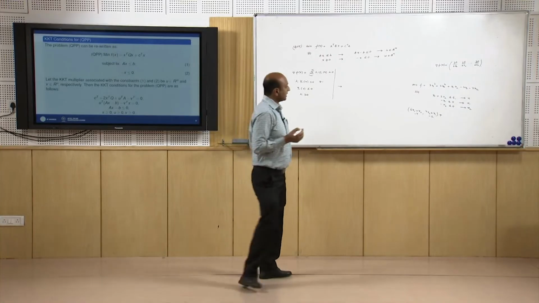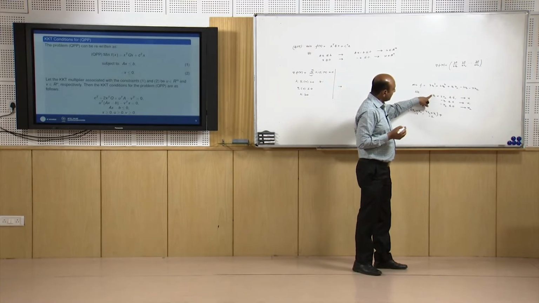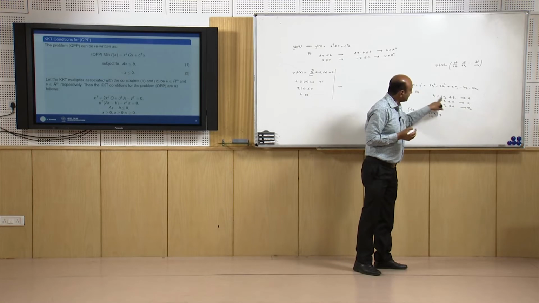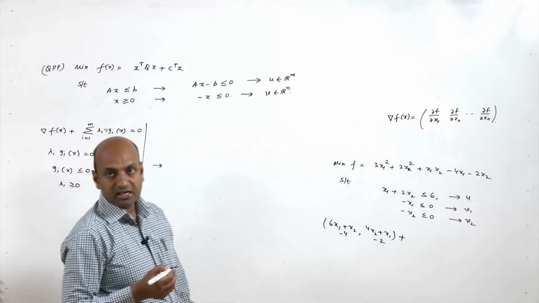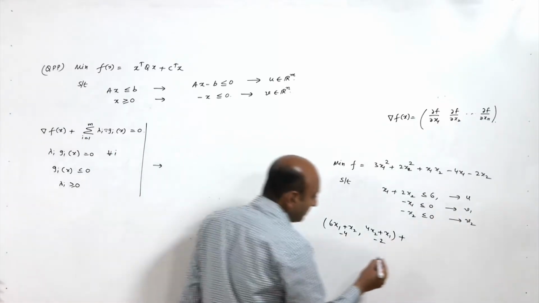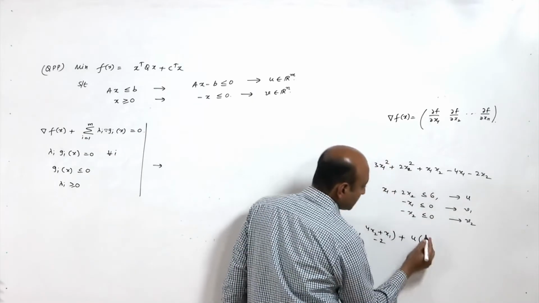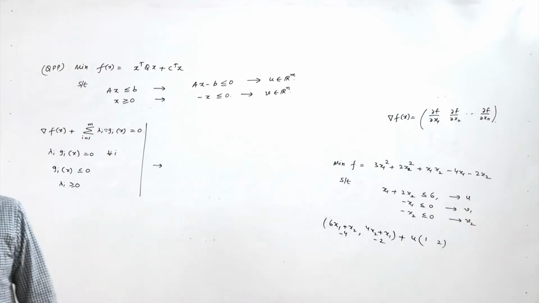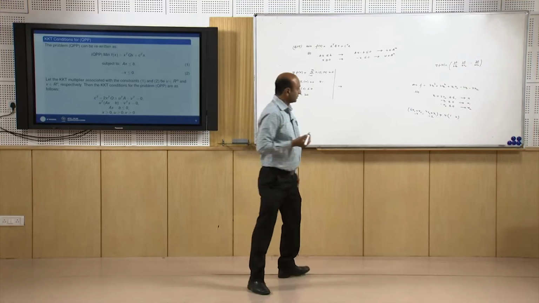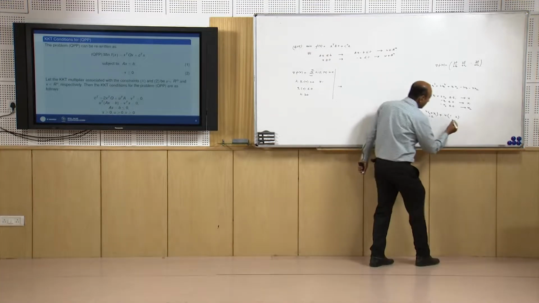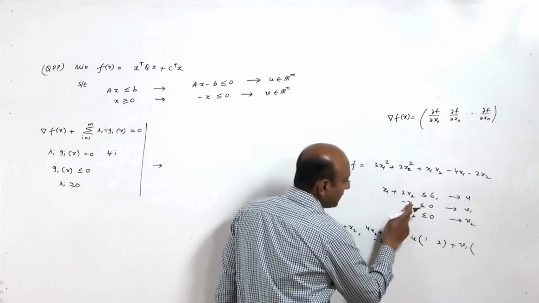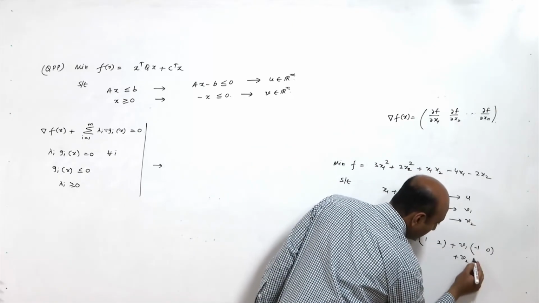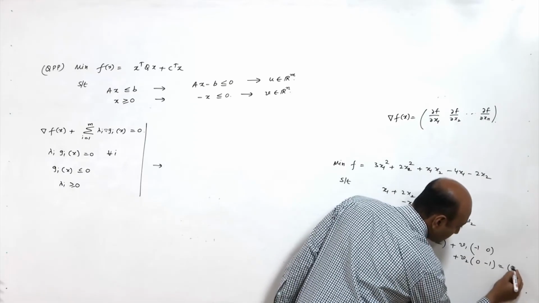This is only one constraint, so u will be the KKT multiplier corresponding to it, and these are two constraints, so v1 and v2. Then u times the gradient of this constraint, so 1 and 2, meaning del g by del x1 and del g by del x2, plus v1 times the derivative with respect to x1 and x2, minus 1 and 0, plus v2 times 0 and minus 1, equal to 0, 0.